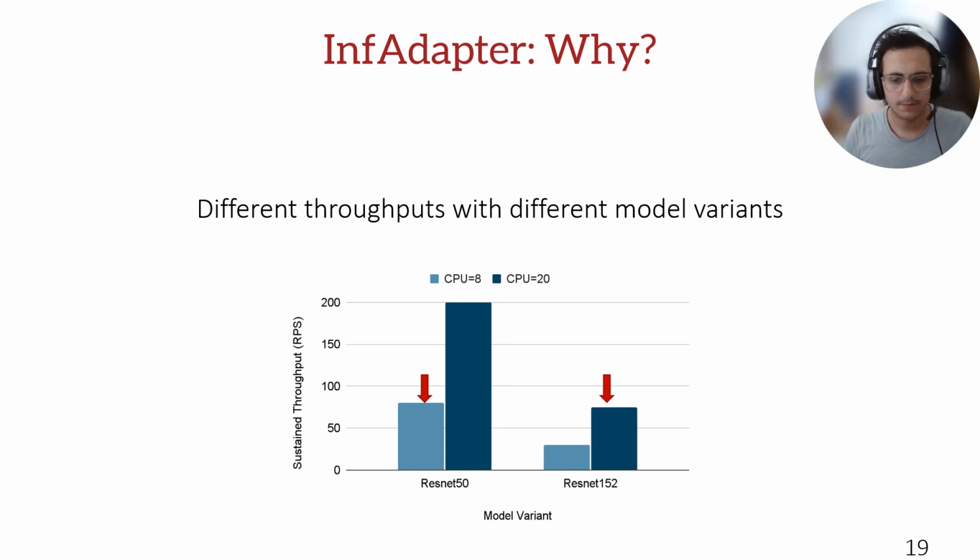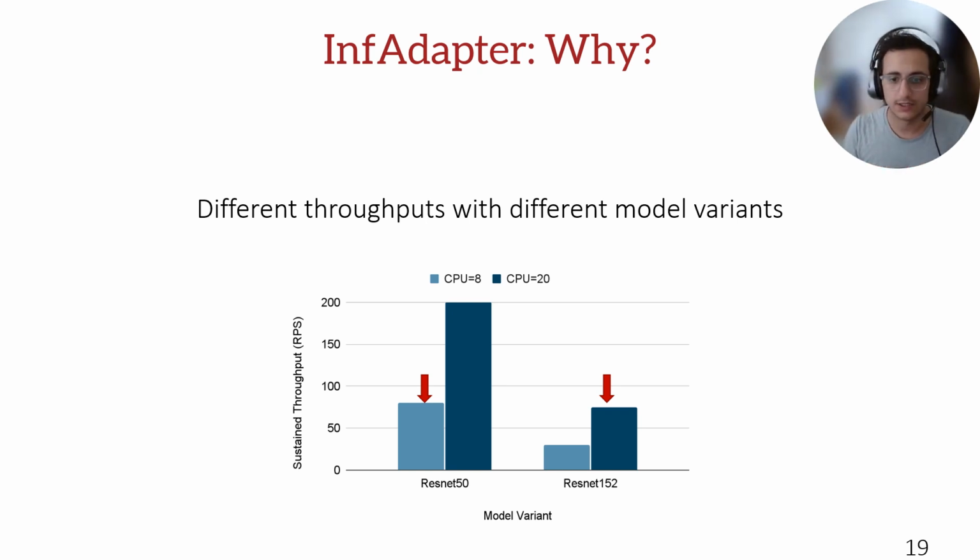In this figure, we have two model variants, ResNet 50 and ResNet 152. The y-axis is the sustained throughput. As you can see, ResNet 152 with 20 CPU cores achieves almost the same throughput that ResNet 50 achieves with 8 CPU cores.